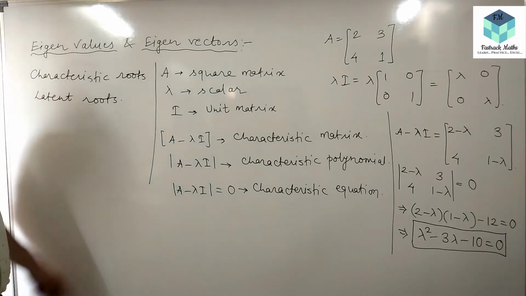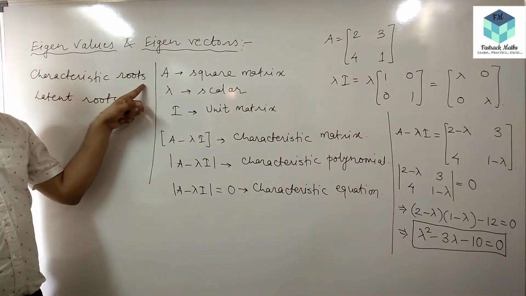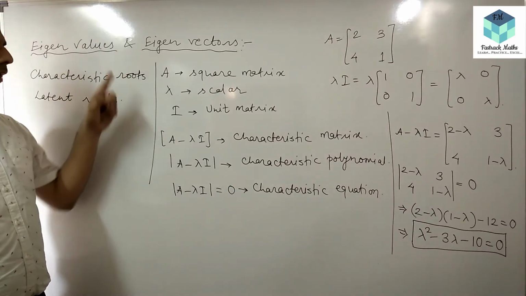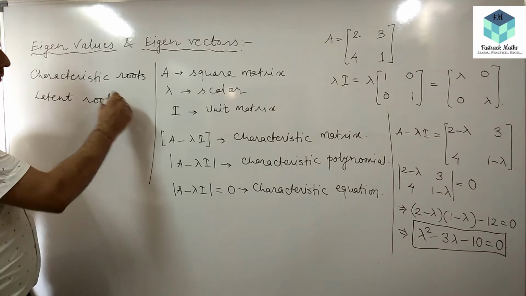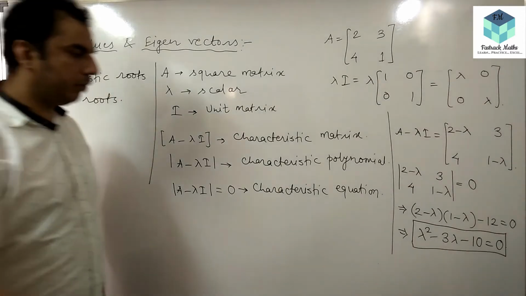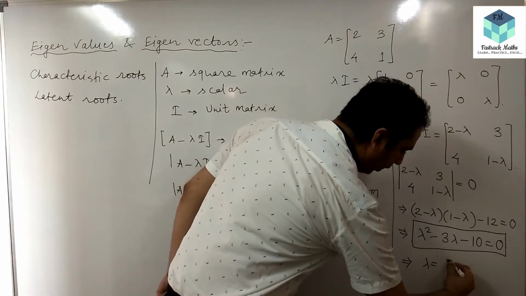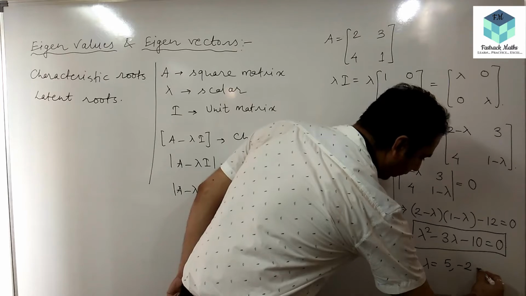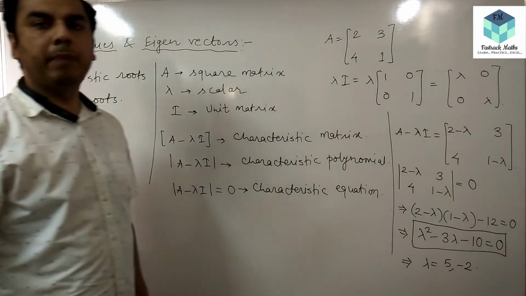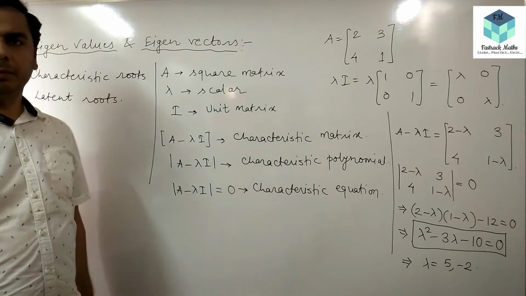In a similar manner, eigenvectors are also known as characteristic vectors and latent vectors. If we solve this equation, we get lambda equal to 5 and minus 2. So 5 and minus 2 are the eigenvalues of the given matrix.